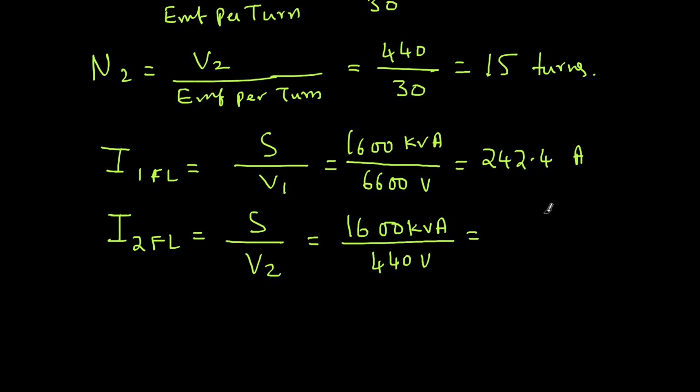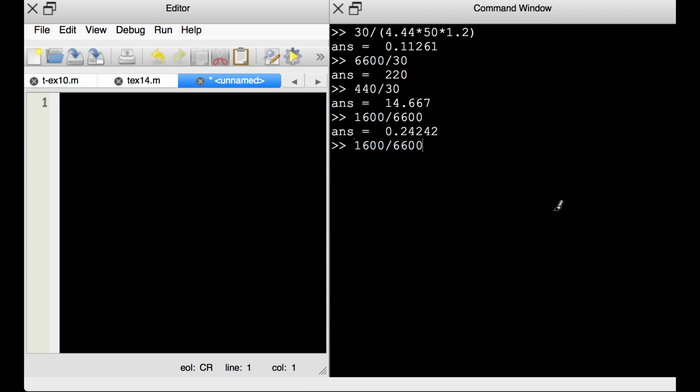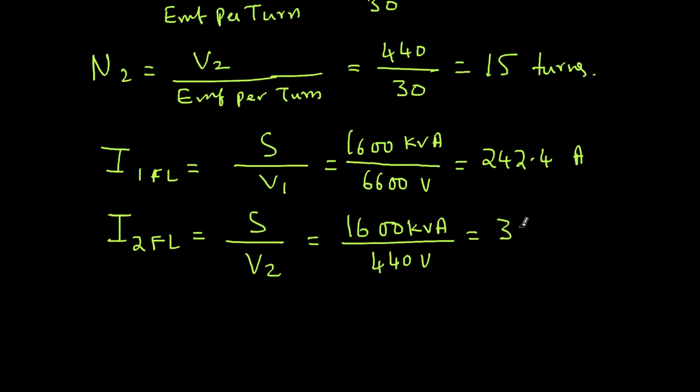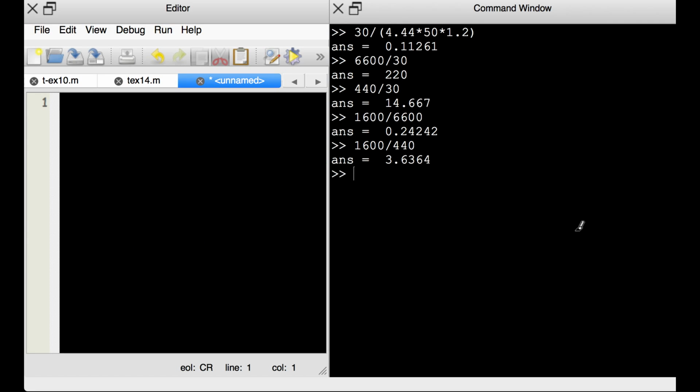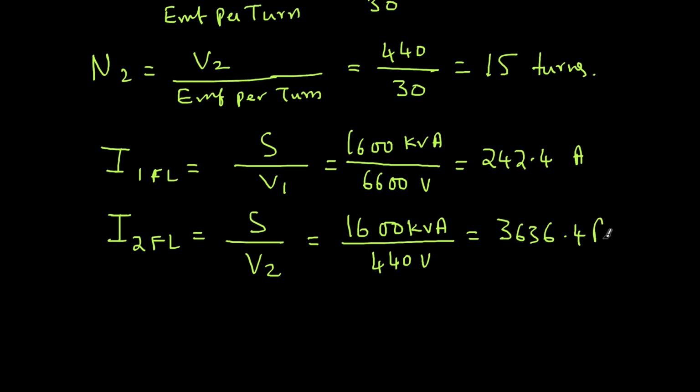This is going to be quite a high number, again in kiloamperes: 3636.4 amperes. So these are the currents that are flowing in the system.